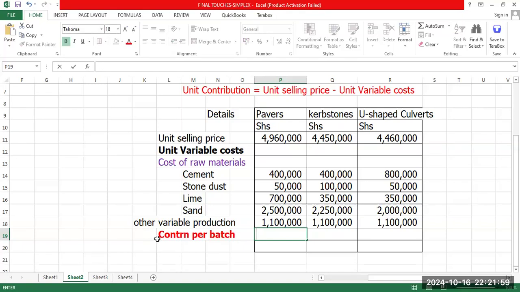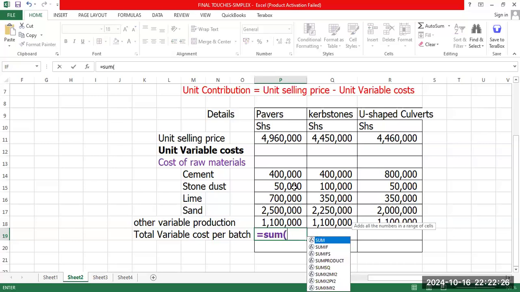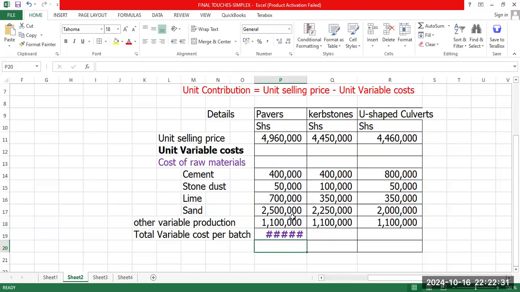Or I can decide first to get what we call total variable cost per batch. Total variable cost per batch. I first add all the variable costs separately. I get from here up to here, I add.